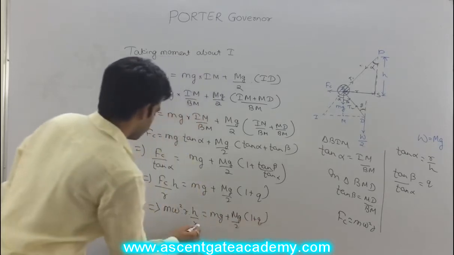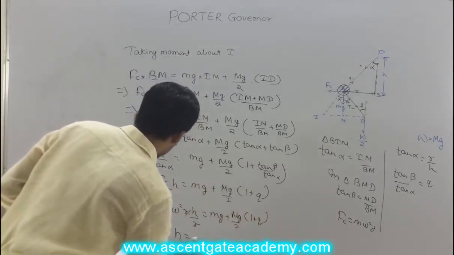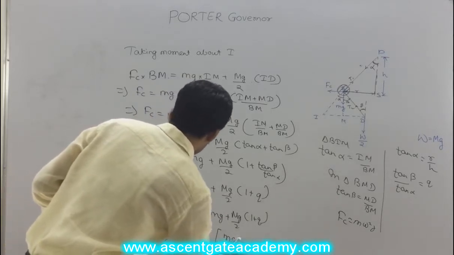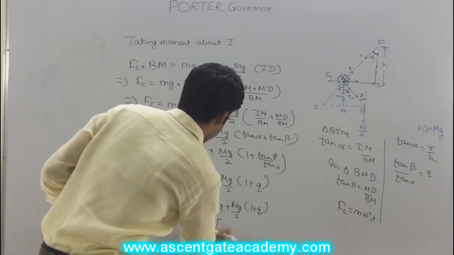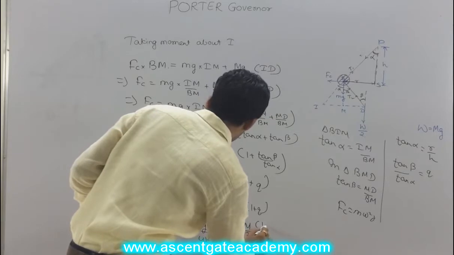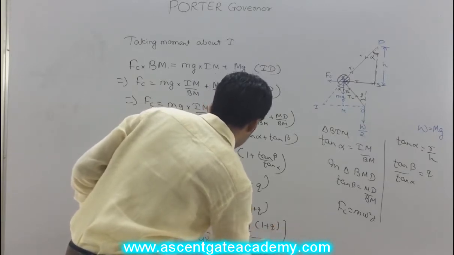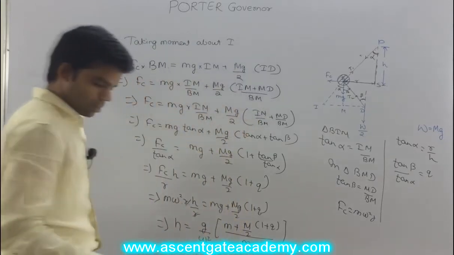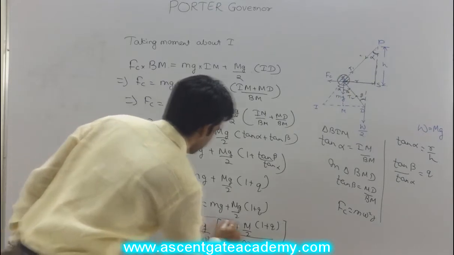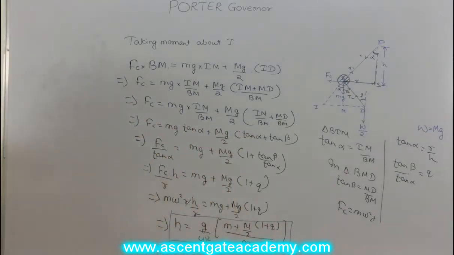From here R gets cancelled out and we will get h is equal to g by omega square into mg, so take g as common, this will be m plus capital M by 2 into 1 plus q, divided by small m. That's it. So this is the expression for the height of the governor, small h.